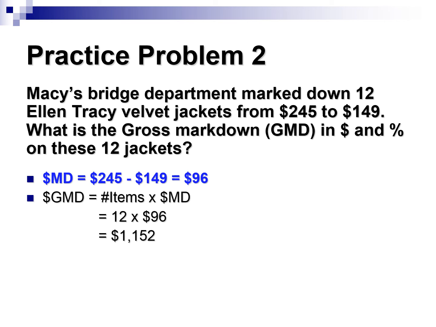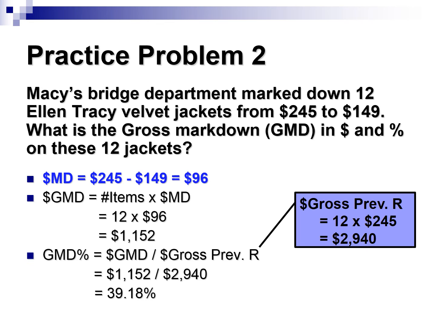Now let's calculate gross markdown percent from it. Gross markdown percent equals gross markdown dollar over gross previous retail dollar. Now we have to calculate gross previous retail dollar first. I said gross previous retail is the sum of all the previous retail dollars of all items. We have 12 items, and each item had a previous retail of $245.